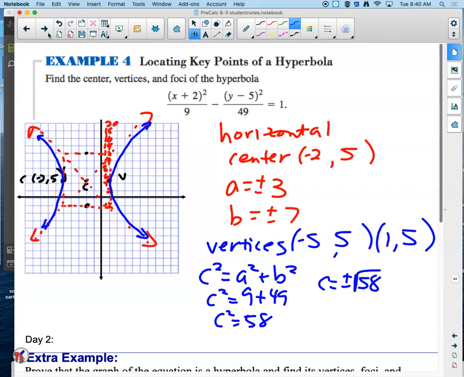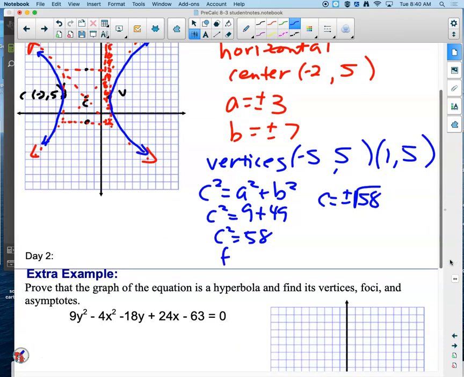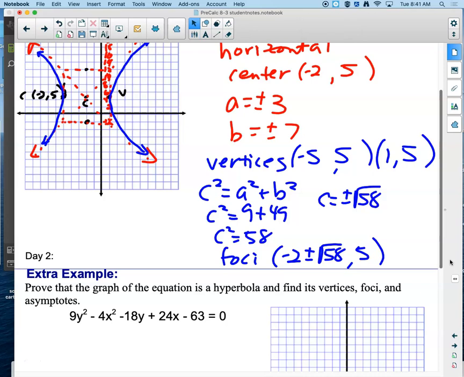So we're going to have to take -2 plus and minus the square root of 58. And let's see, we were at 5 for the y coordinate there. So transverse axis is the major axis, conjugate axis, the minor axis.